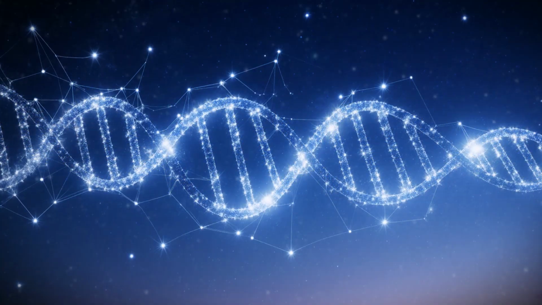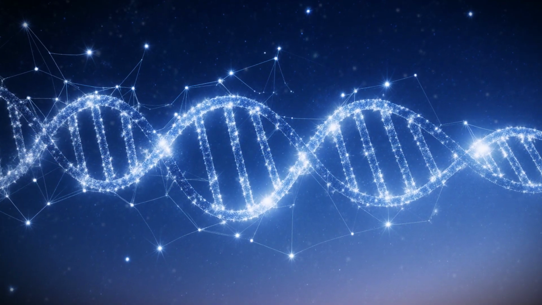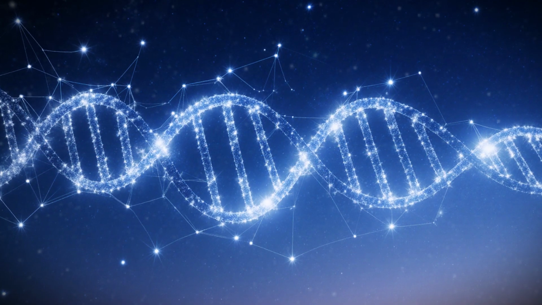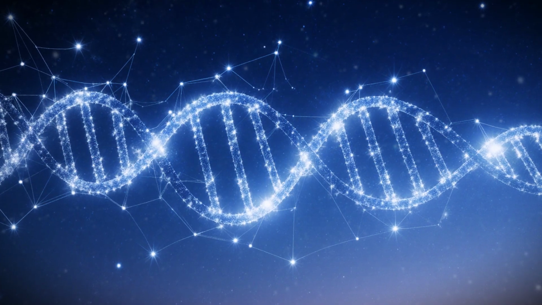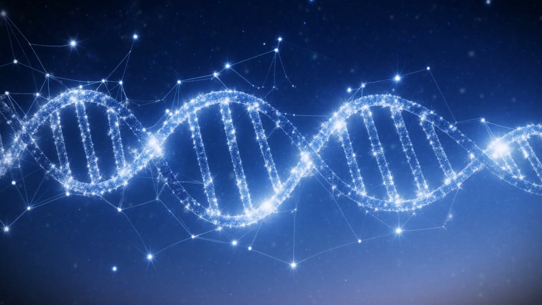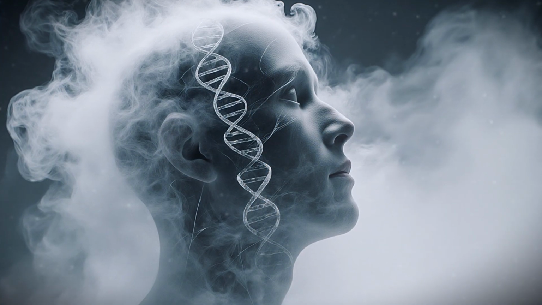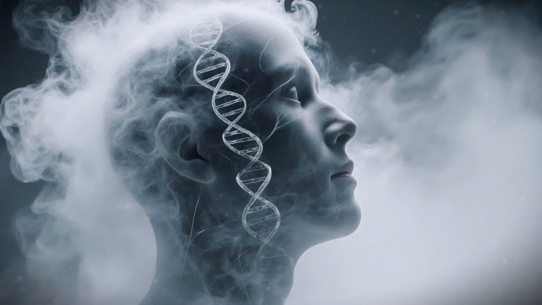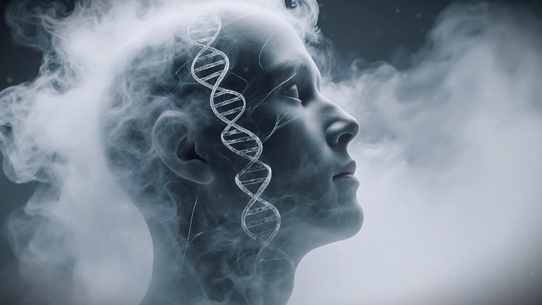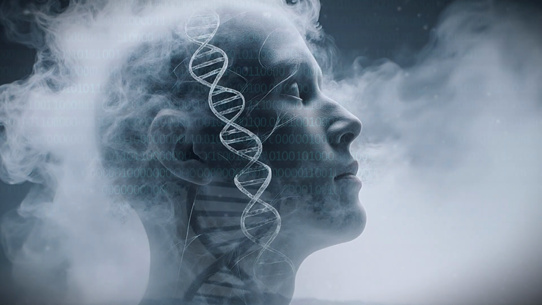The project officially began in 1990 with the goal of sequencing the approximately 3 billion base pairs comprising the human genome. Initial estimates suggested the project would take 15 years and cost $3 billion, approximately $1 per base pair.